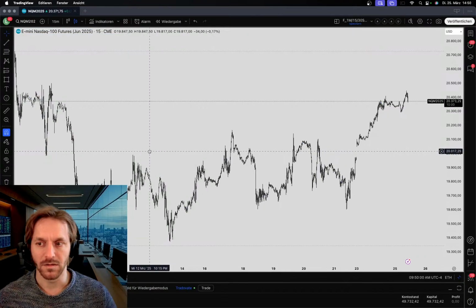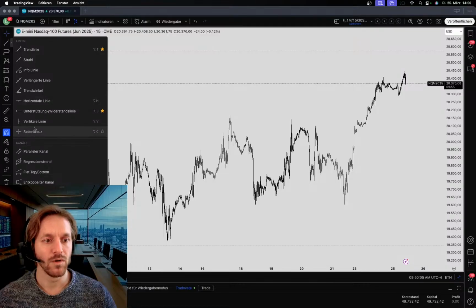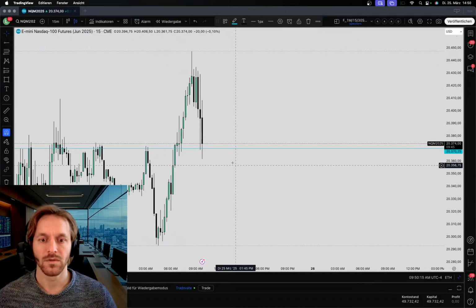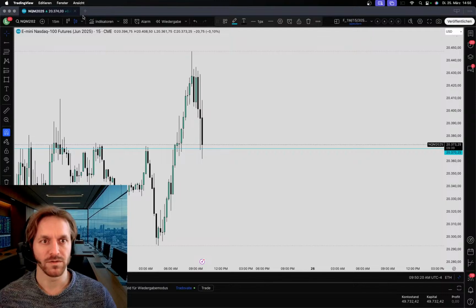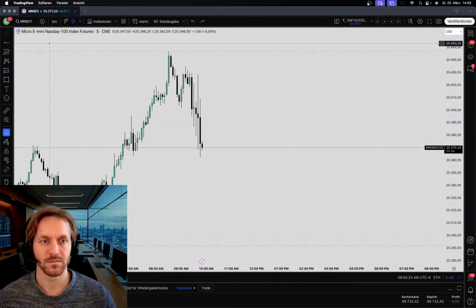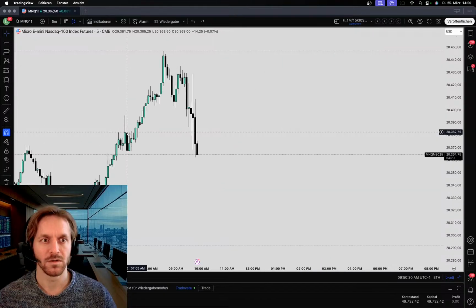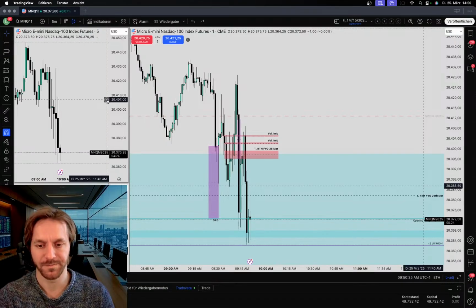Yeah, so basically on the NQM, we already touched the level. You can see it. Hold on. There we go. Wick through it. So there could be a reversal here. But in any case, I do not want to trade this so far.